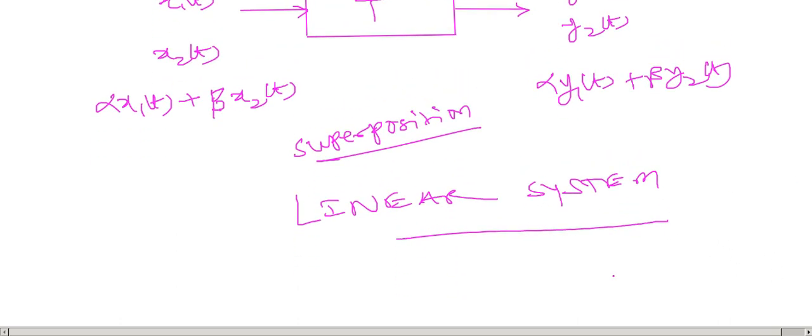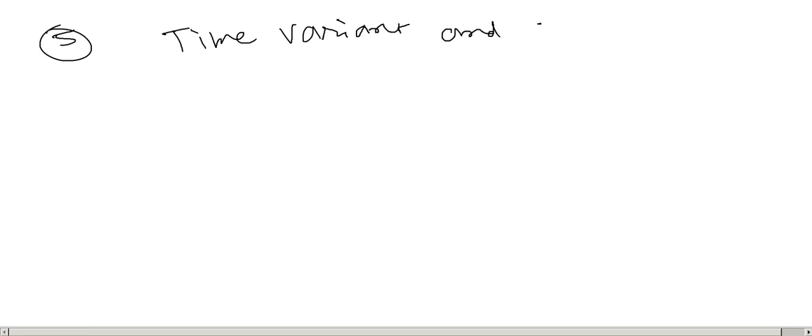And linear systems are very important because the analysis of these types of systems is easier as compared to non-linear systems. So let us move to the next classification, which is time variant and time invariant systems.